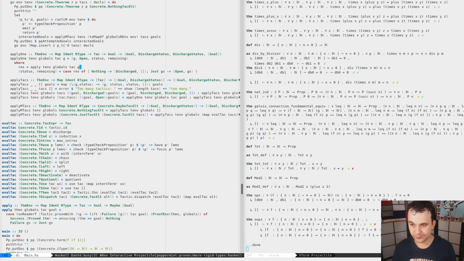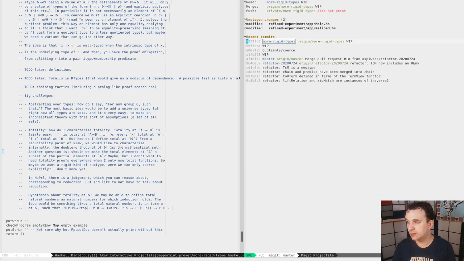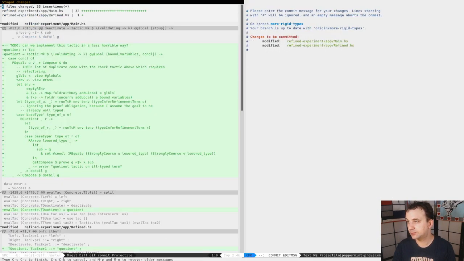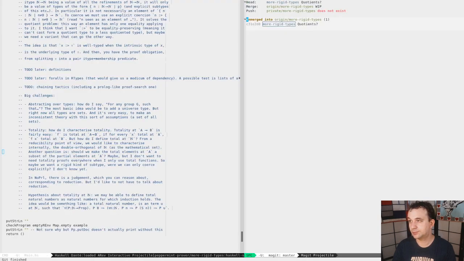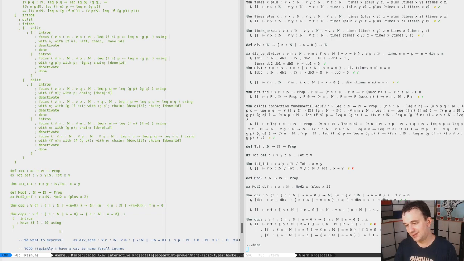Now I want to go to my thing. Some of this code is starting to be extremely ugly, and when I have a bug in it, it's going to be fantastic.